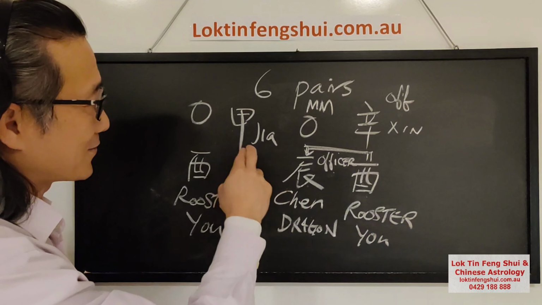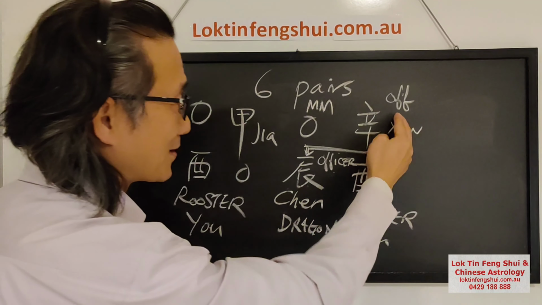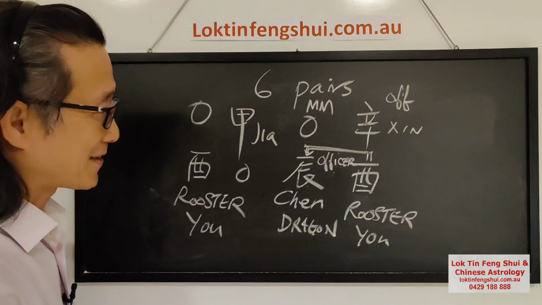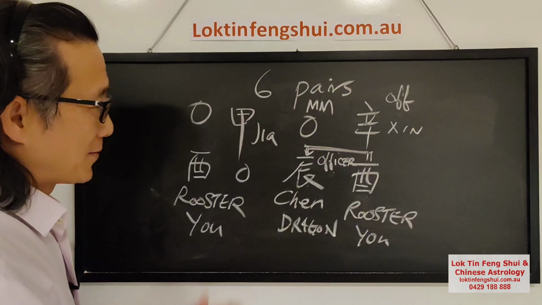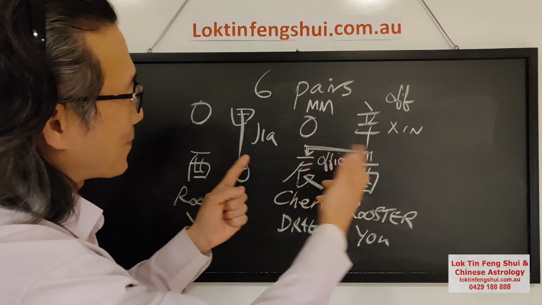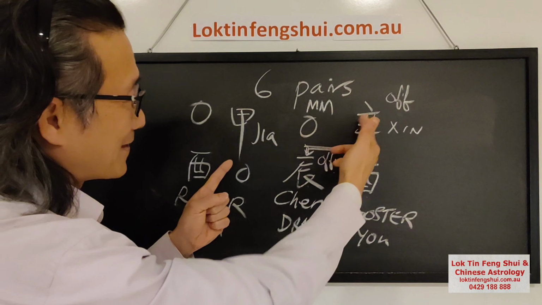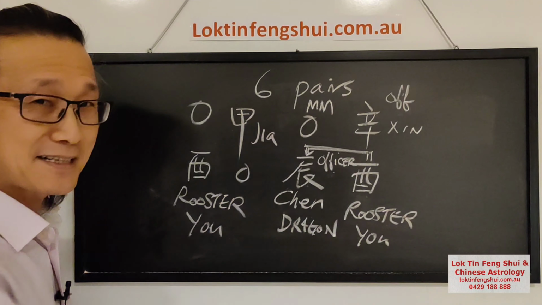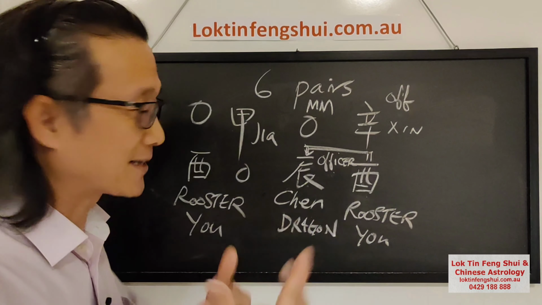If this is a female chart with so many officers, she is very attractive because there are lots of men around her. That's how we look at it.